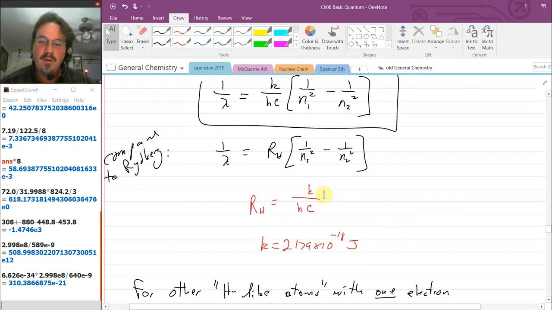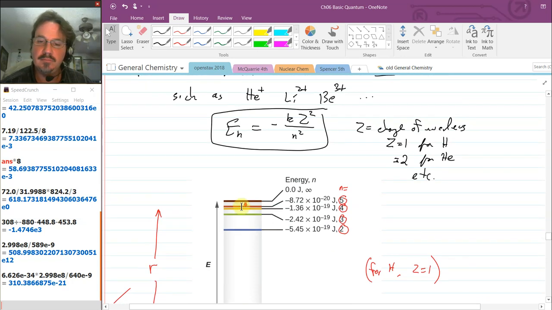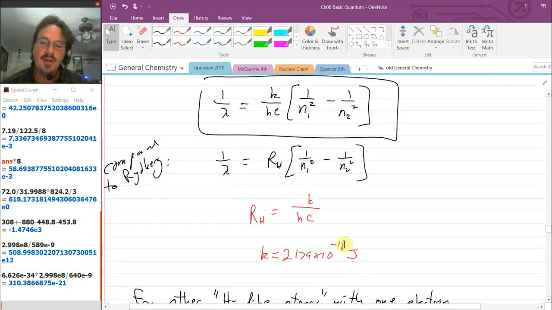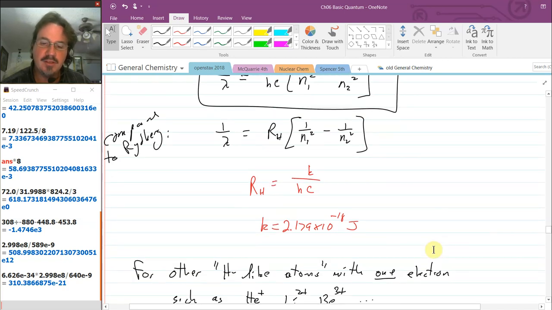What does k equal? Well, we know the Rydberg constant. Didn't we talk about the Rydberg constant already? Yeah, we did. And so plugging that in, you get k is 2.179 times 10 to the minus 18 joules. So k, from the Bohr model, is related to the Rydberg constant itself.